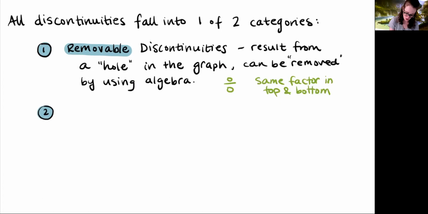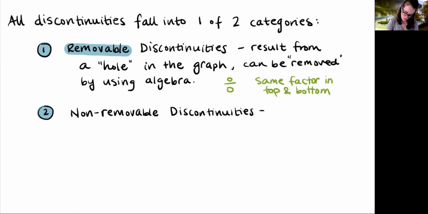Okay, the second kind is called non-removable. Non-removable discontinuities. So these cannot be removed using algebra.